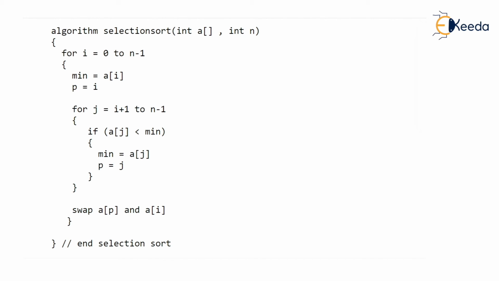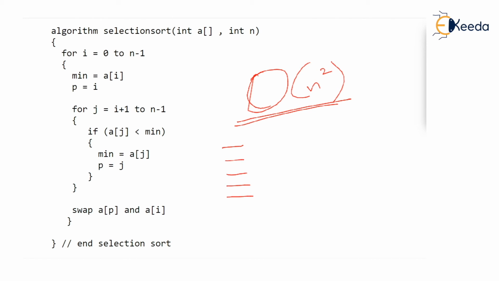Now, selection sort also works in big O of n square. Now, how do you prove that it works in big O of n square? It is very easy to prove. Just imagine we have 5 elements. Again, n is 5. Now, what do you do in pass 0?